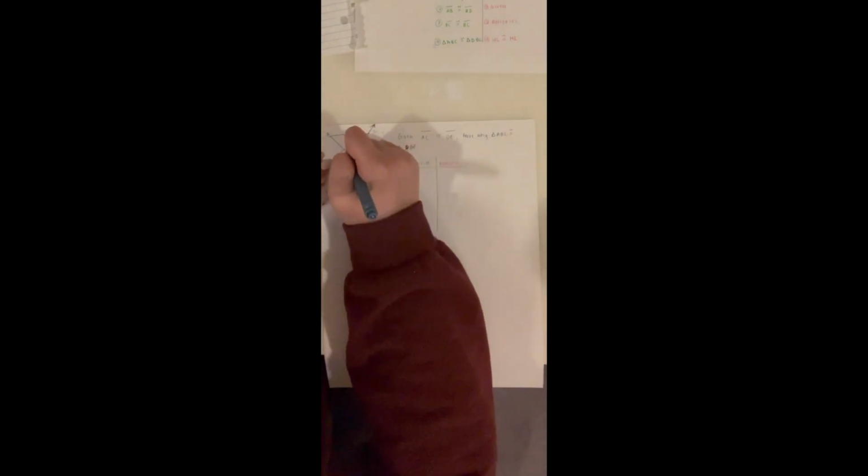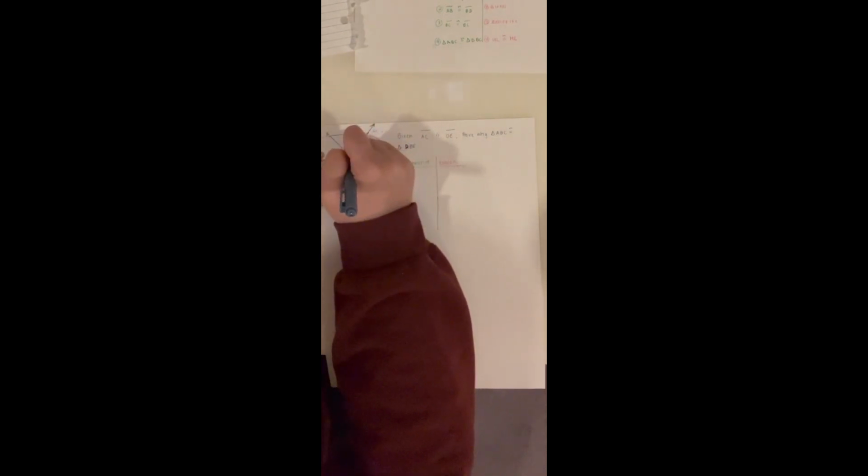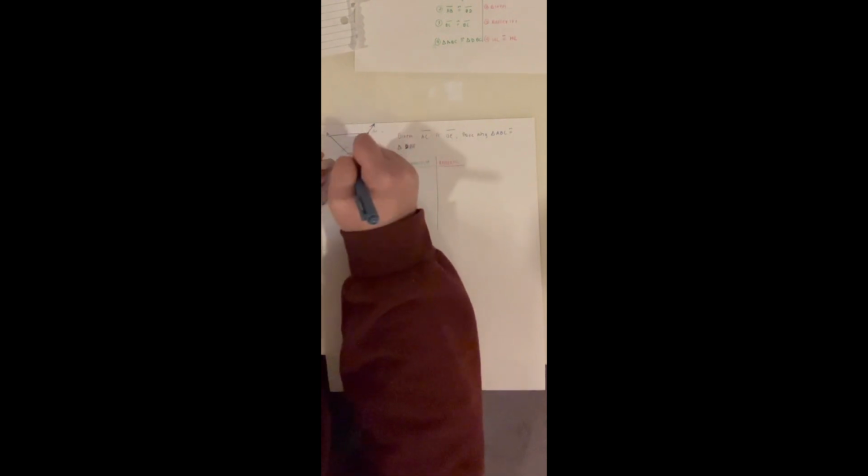So therefore, this angle is congruent to that angle. Earlier we also talked about how vertical angles are congruent, and over here we can see that there are two vertical angles, so these two vertical angles must be congruent to one another. With all of this, we definitely have enough information to prove why triangle ABC is congruent to triangle DBE.